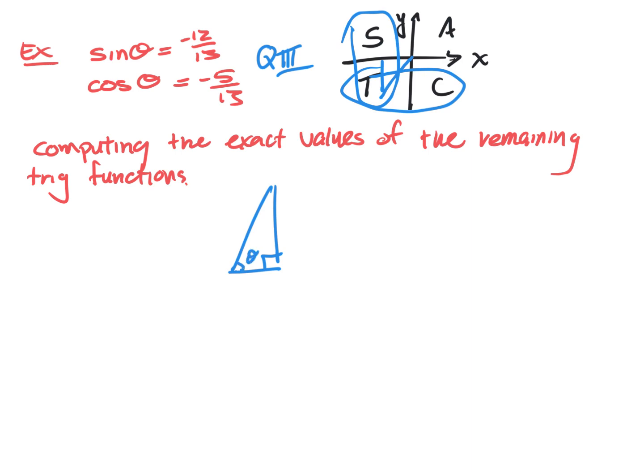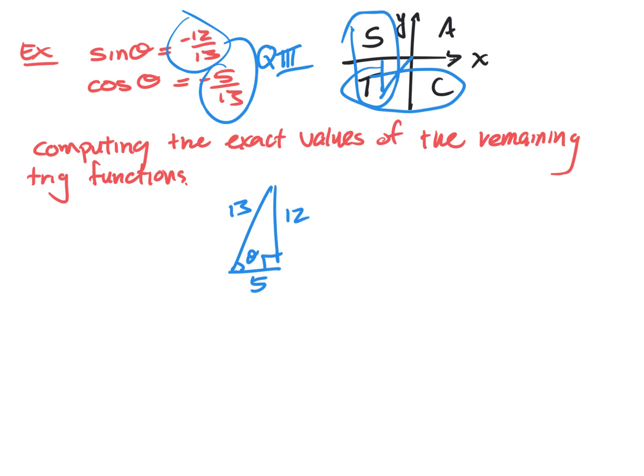All right, so if this is theta, we have that sine of theta is negative 12 over 13. So sine is opposite over hypotenuse, and we have that. Or we could have used the second information that cosine was adjacent over hypotenuse. I'm going to ignore the negatives right now because we know what values they take on.